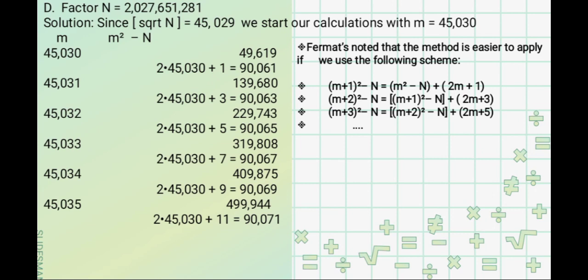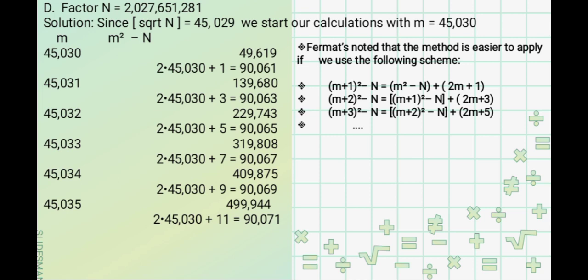So the next step that we are going to do is to apply Fermat's scheme. Okay, here on the side you can see the scheme of Fermat. Fermat noted that the method is easier to apply if we use the following scheme. First we have 2m plus 1.